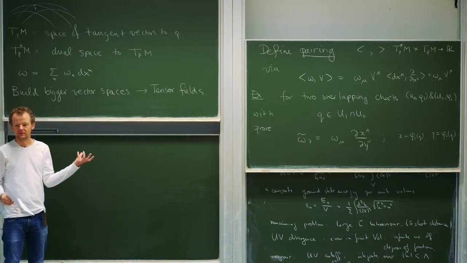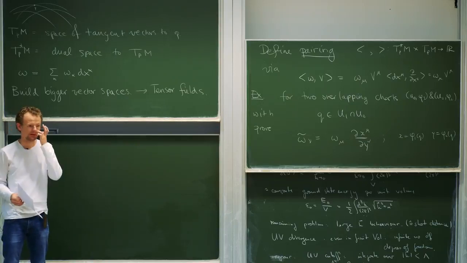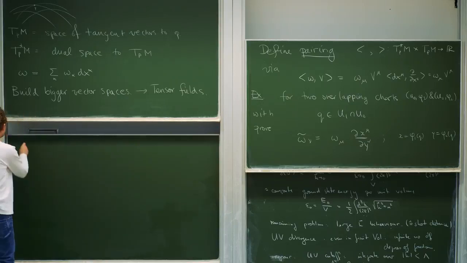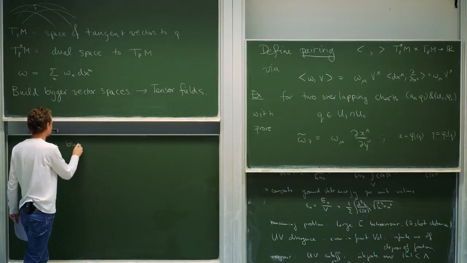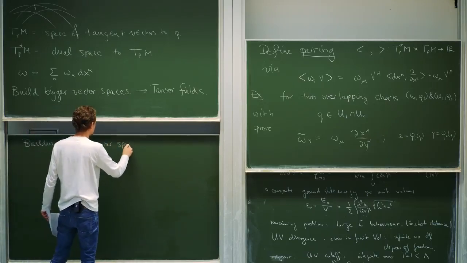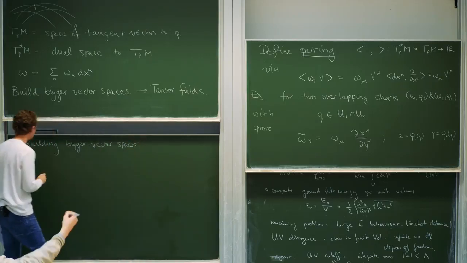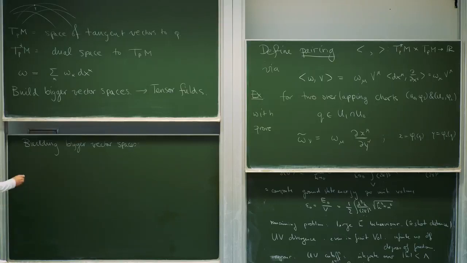So if you have a vector space and you want to build a bigger vector space from it, you have a couple of operations available to you. There's two notions of product that make sense on vector spaces.